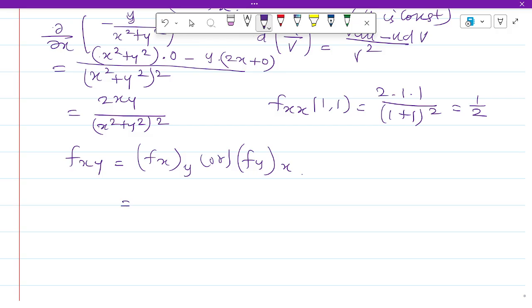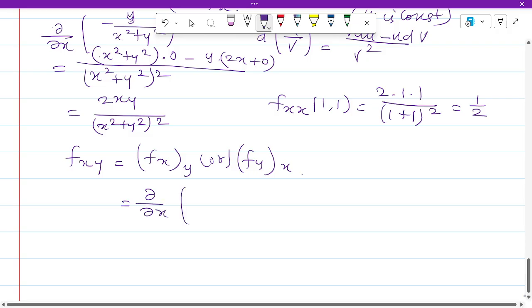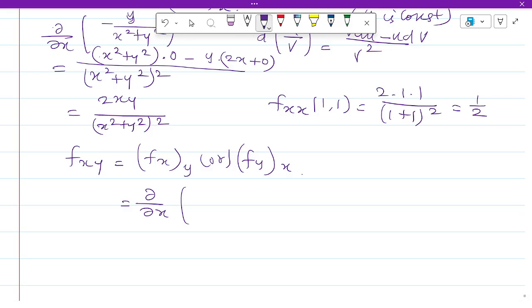So now we have to differentiate dou by dou x, for example, we can take dou by dou x of fy. What is fy? Dou by dou x of minus y divided by x square plus y square.